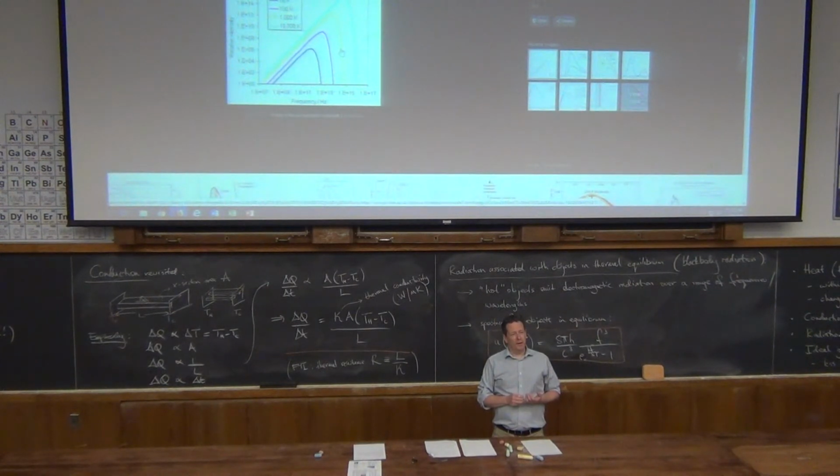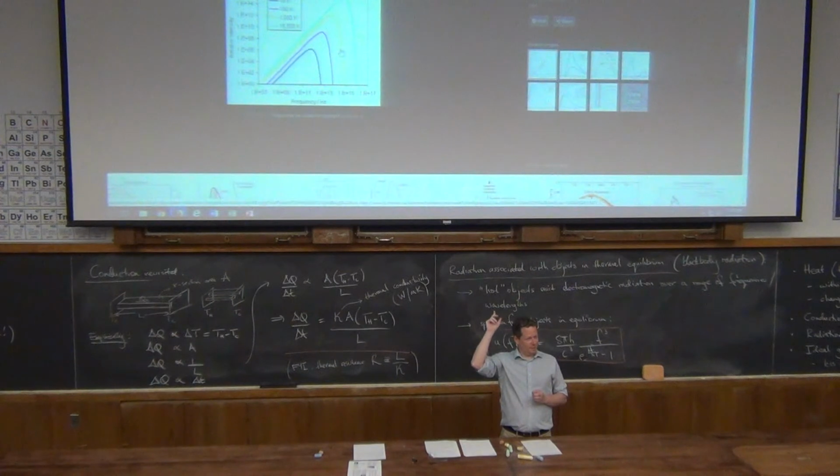There aren't so many things immediately in your daily life that are exactly in thermal equilibrium, but if you were, for example, to go home to your dorm room, if you have an oven in your dorm room, turn it on, let it come to some sort of temperature, and then drill a hole in the oven, okay? And then look at the spectrum of the radiation that's coming out. It will follow a distribution that looks like this, where the temperature is characterized by the equilibrium temperature inside your oven.